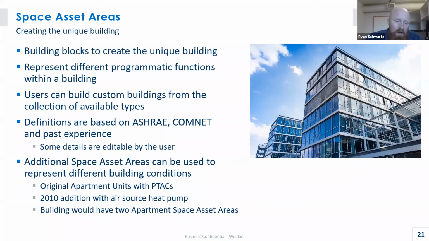So that's just one example where you could have the same space asset area, but two instances of them within a model. And to expand on that, you could add apartments, you could add a classroom or an office space asset area to that multifamily building to capture a mixed use component of that building. But yes, only one building type selection can be made.